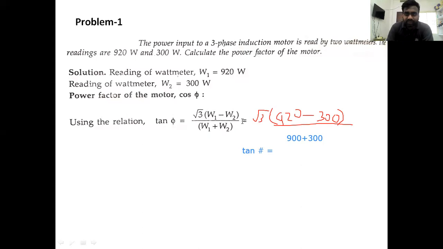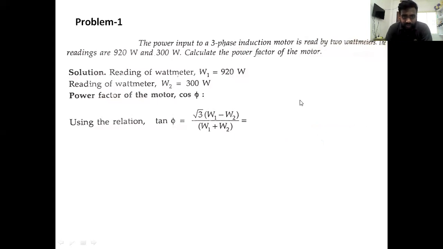What will be the value of tan phi? Let me check. Someone posted in the chat box 0.88. Let me check. Roll number 212's answer is around 0.88. This is the substitution: root 3 into (920 minus 300) divided by (920 plus 300).